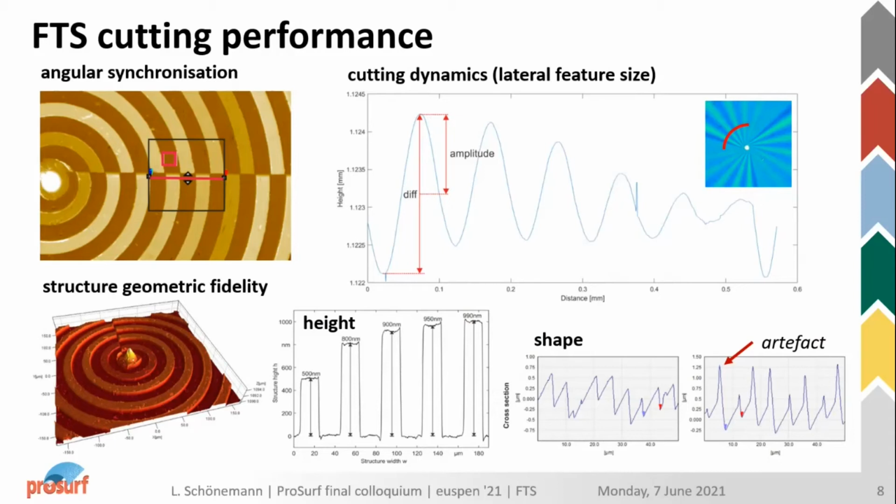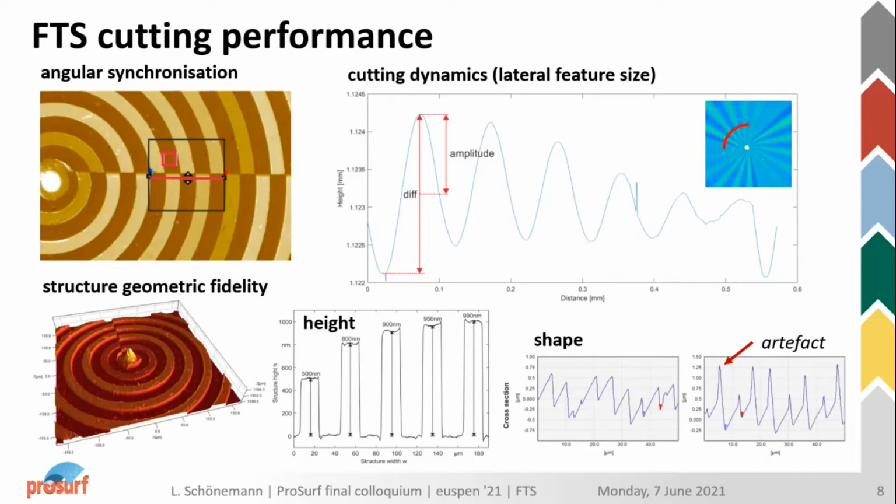Last but not least, you have the geometric fidelity that is of a lot of importance. Not only the height of the structures that you set in the Fast Tool Servo and that are transferred to the surface geometry, but also the shape that you generate using your diamond tool. And there you have to consider that the shape shall not only be achieved in the manufacturing step, but also in the replication steps afterwards.